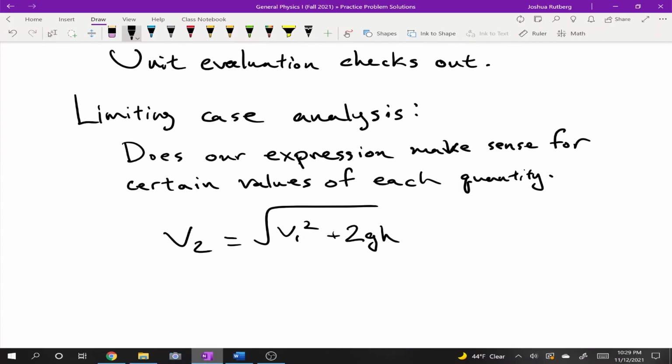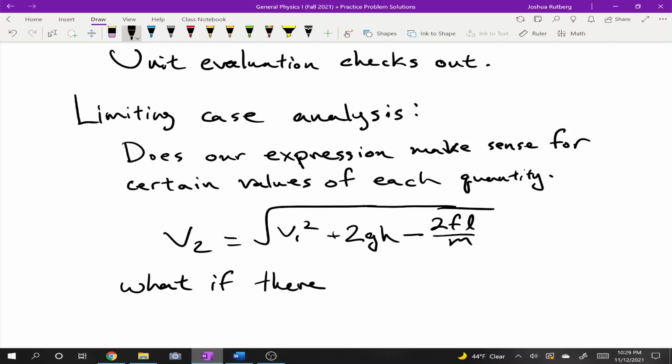So v2 is the square root of v1 squared plus 2gh minus 2 times friction times L over m. So that's my expression. Here's the first thing that I can immediately ask: what if there is no friction?